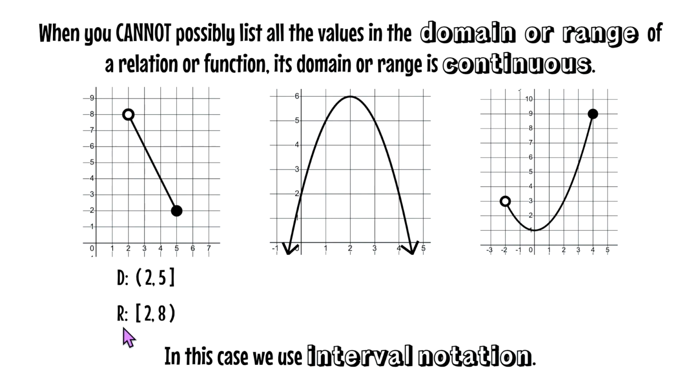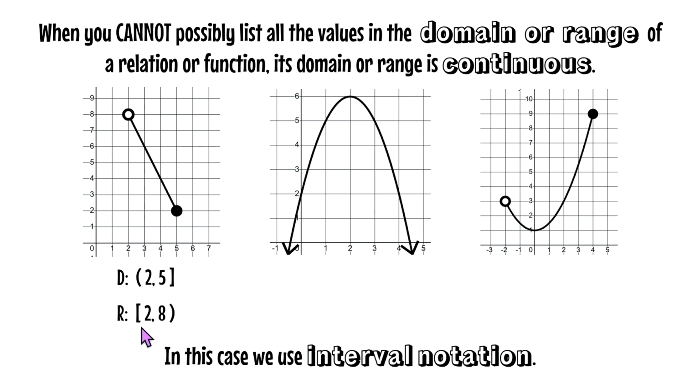Now, when we get to range, the range we see is from 2 to 8. And how we find that is we're looking for where the graph starts in the y value. So as we move from the bottom of the graph to the top of the graph, we see that at the value y equals 2 is where the graph begins. So 2 is the first value in the range, and it is a closed circle point.